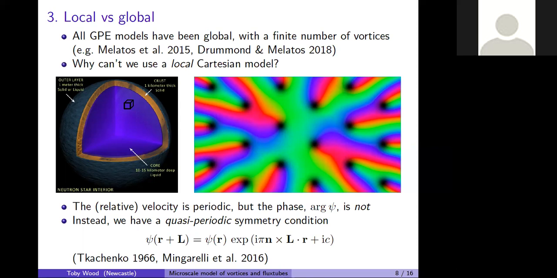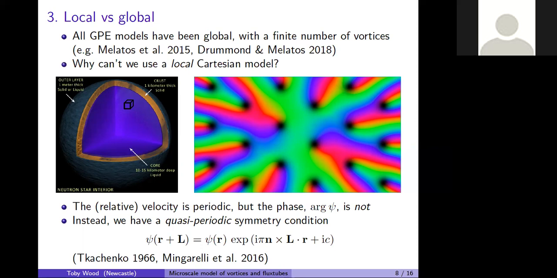Okay, so the system is actually what we can sort of call quasi-periodic. Given that the velocity of the rotating frame has to be periodic, and given the velocity is the gradient of the phase, you can basically integrate that expression and quite easily derive this result that says if L is some translational symmetry of the system, so for example, L might be a vector between any two of these black circles, or indeed it could be either of the sides of this domain.